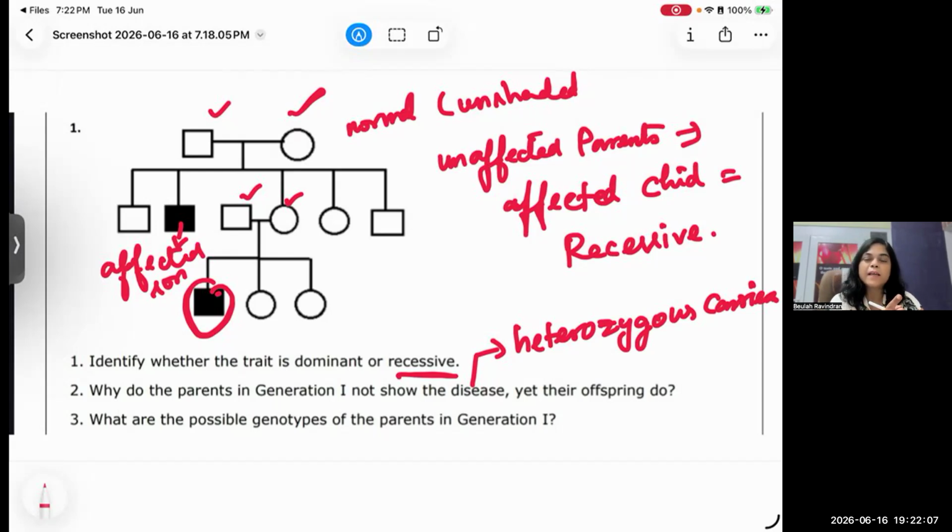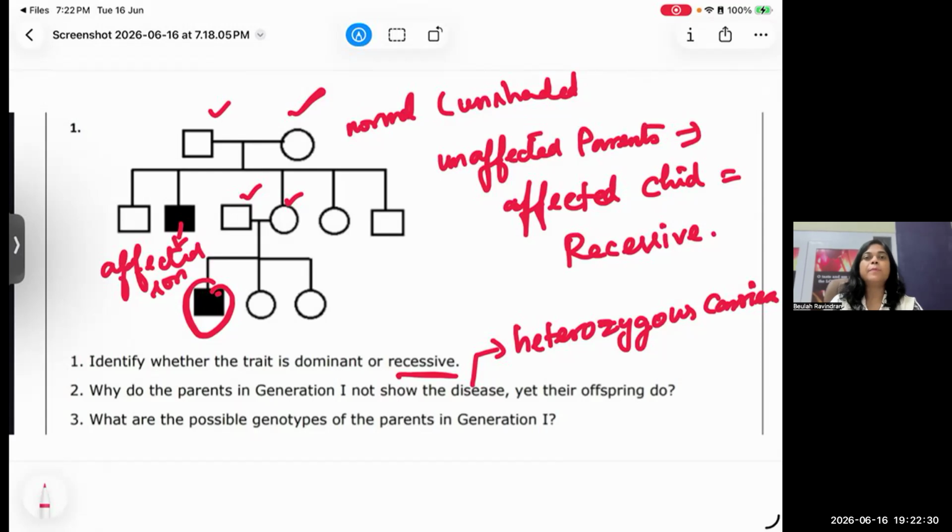The parents each carry a normal, dominant allele, which masks the disease, allowing them to appear completely healthy while silently passing the hidden defective allele down to their child. That's what happened here. These are heterozygous carriers.